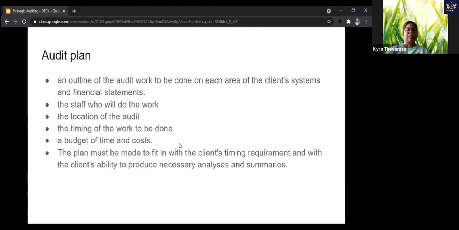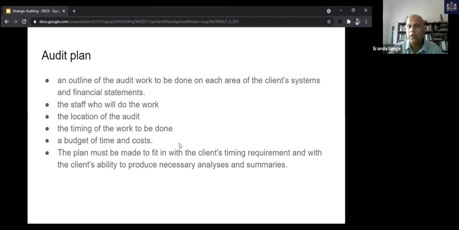Now, the audit plan requires an outline of all the audit work that needs to be done on each area of the client systems and financial statements. Kiara, this is what leads to what we call the letter of engagement, right? So once you identify all the work that needs to be done, that document needs to be signed off by the client, right?